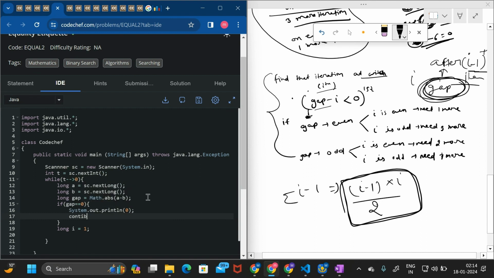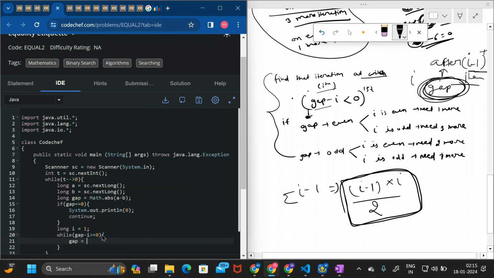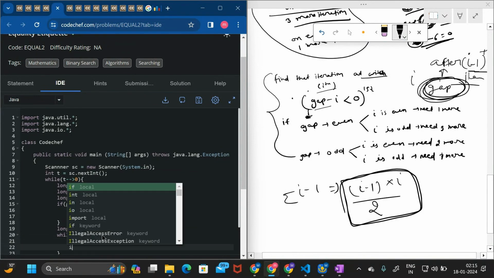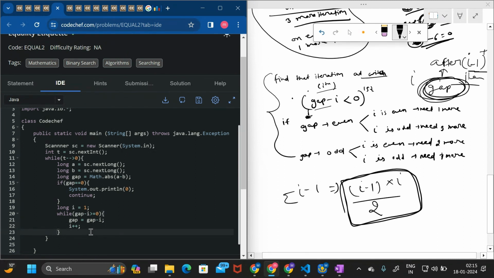and continue this loop. Okay, so after that, while our gap minus I is greater than or equal to 0, then what we do, we decrease our gap by I and we increase our I. Okay, so here we got I minus 1 iteration.